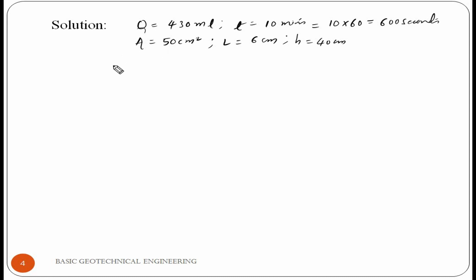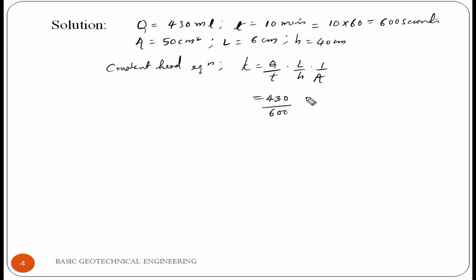So this problem is a constant head. So let us take the equation for constant head. That is K is equal to Q by t into L by H into 1 by A, where Q is equal to 430 divided by 600, whereas L is 6 and H is 40 and 1 divided by A is also given, 50.